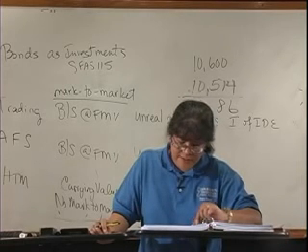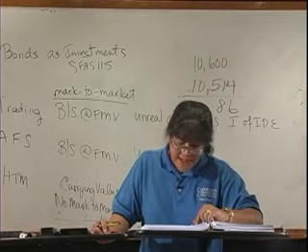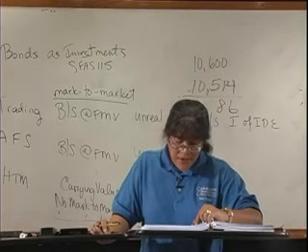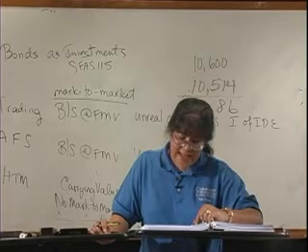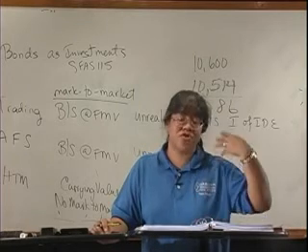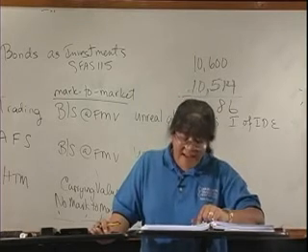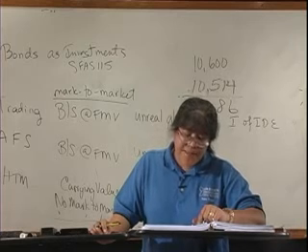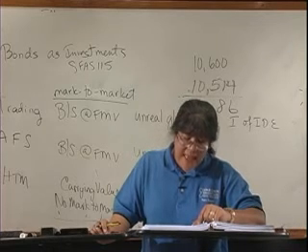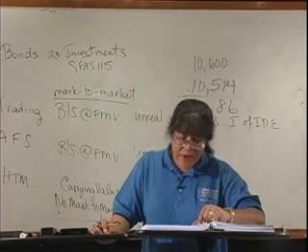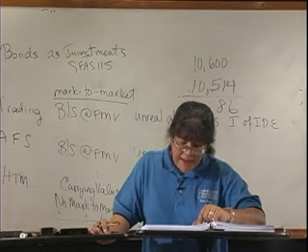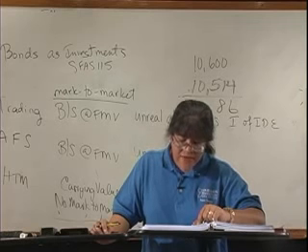Number 22 on page 364 says, in its December 31st, 2008 balance sheet, what amount should WIN report for short-term investments in trading debt securities? Okay, so it's trading. On July 2nd of 2008, the WIN company purchased as short-term investment a $1 million face value Keene Company 8% bond for $910,000 plus accrued interest to yield 10%.